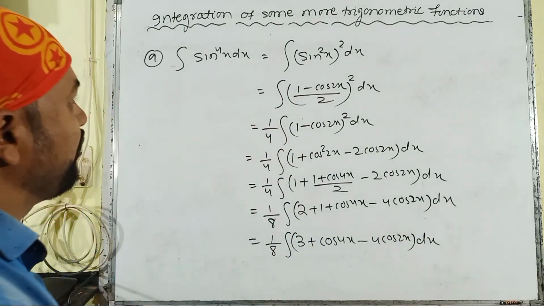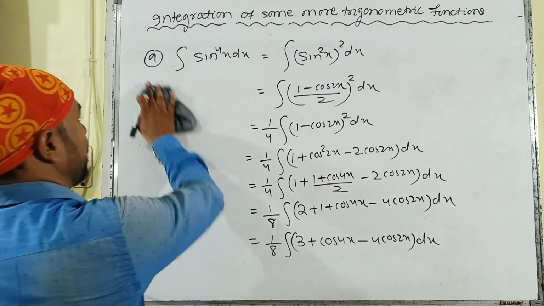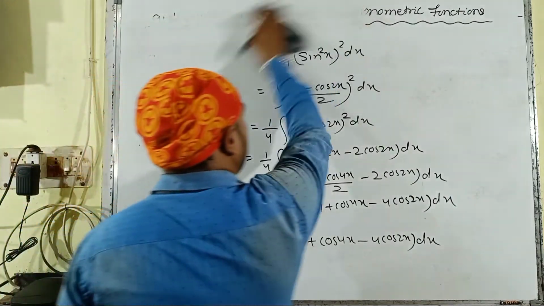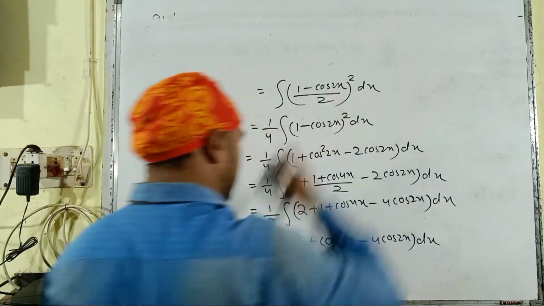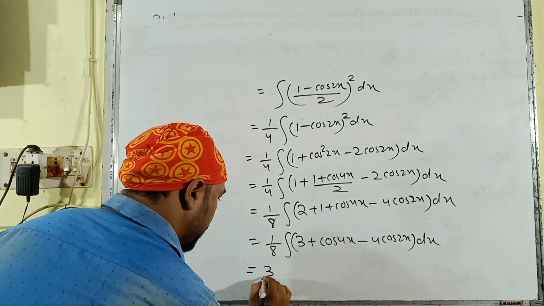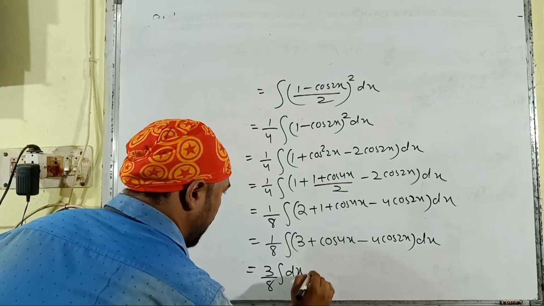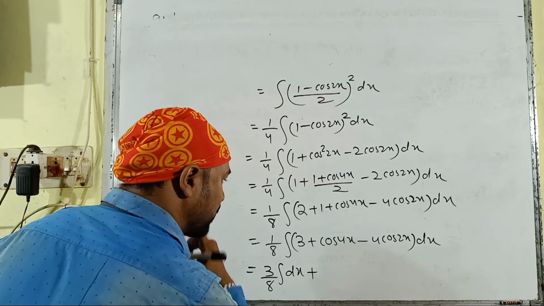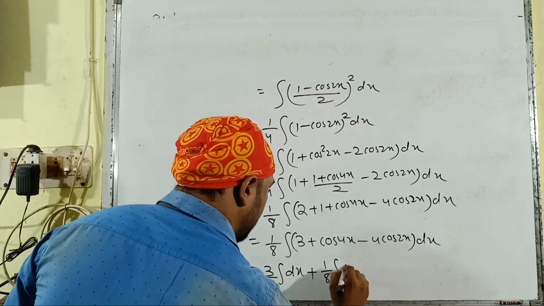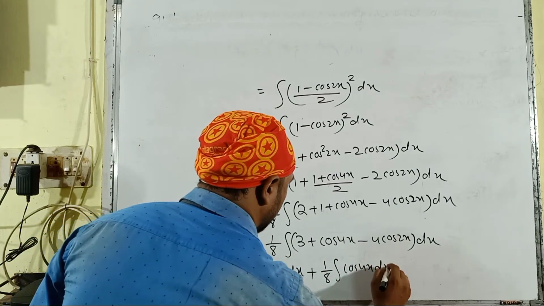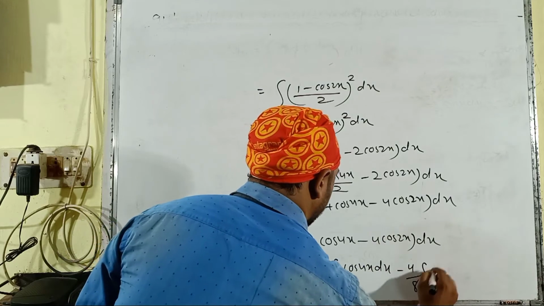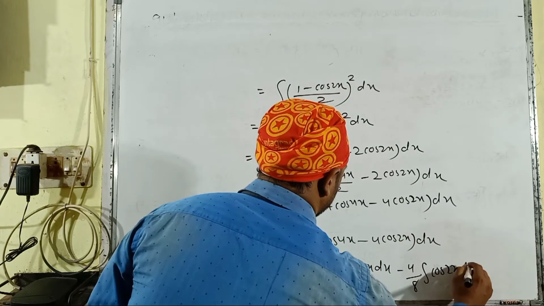Now we have to apply the algebra of integration here. So it will be 3 by 8 integral of dx plus 1 by 8 integral of cos 4x dx minus 4 by 8 integral of cos 2x dx.